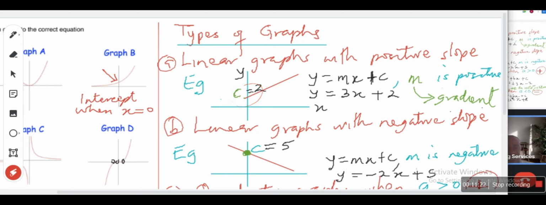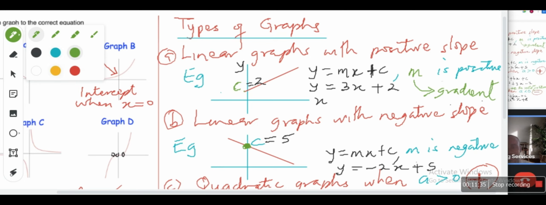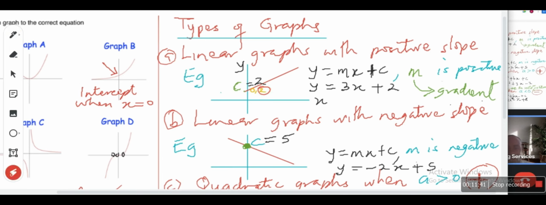I'm circling. 0, 2. 0, 2, excellent. You see, remember all this. That's really beautiful. So the coordinate of this intercept is 0, 2, where 2 represents the value on y and 0 represents its value on x. All right.